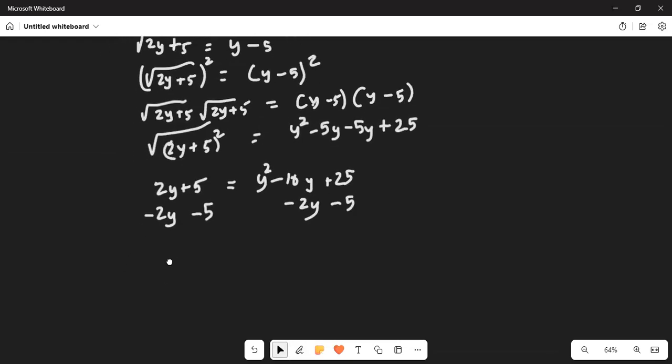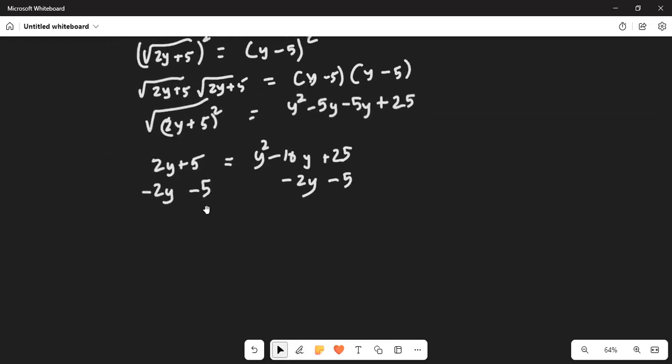So 2y minus 2y is 0 and 5 minus 5 is 0. They cancel each other out. So I have 0 on the left-hand side is equal to y square minus 10y minus 2y, okay?